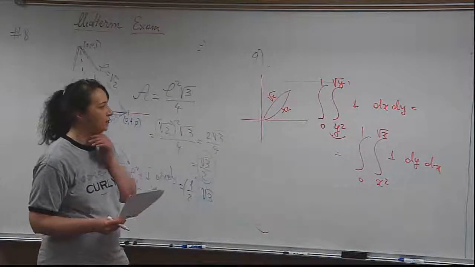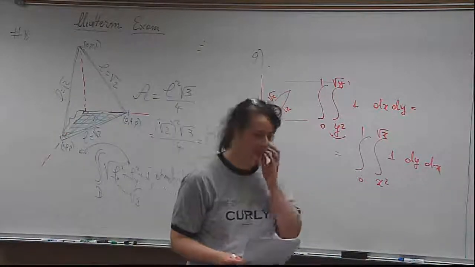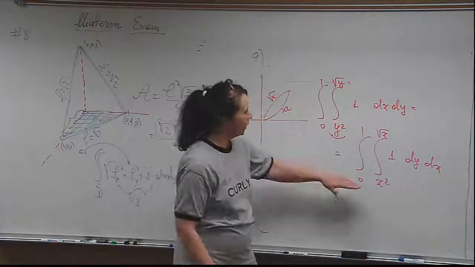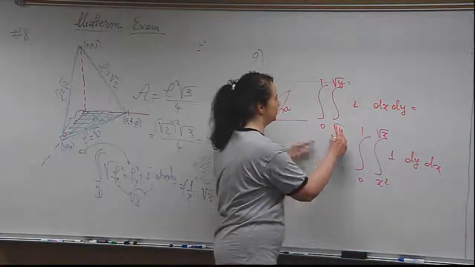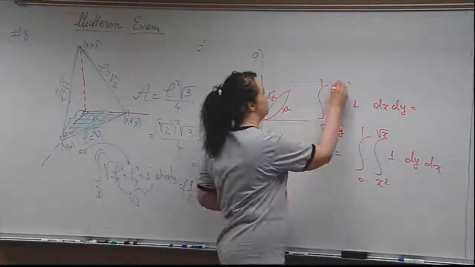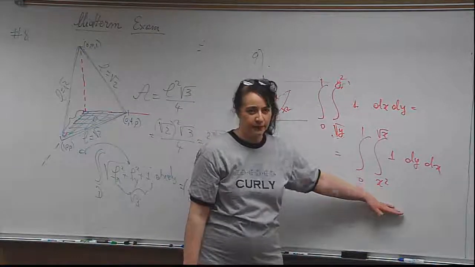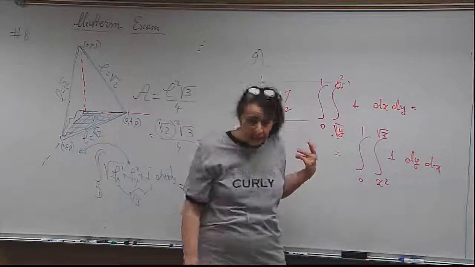Now, what few people did, and I just forgave them, is they put one like that, and here they put root y and y squared. Don't do that. It's like saying that a positive number equals a negative number, which is all complete nonsense.